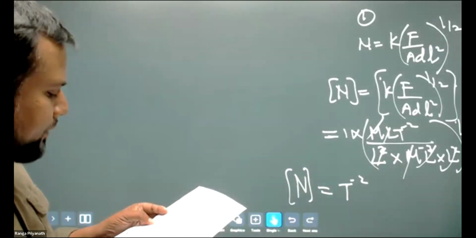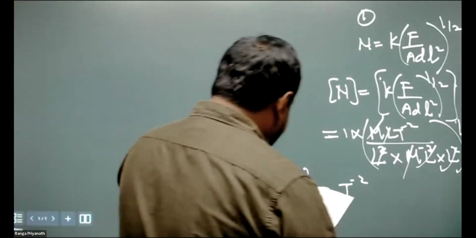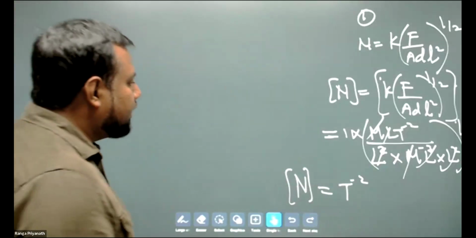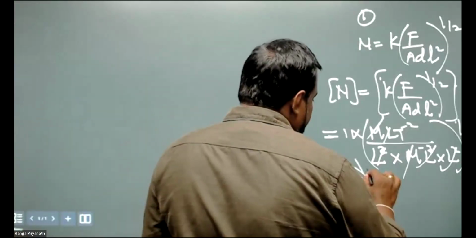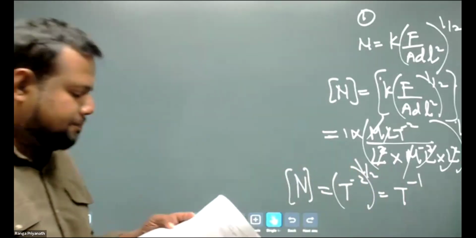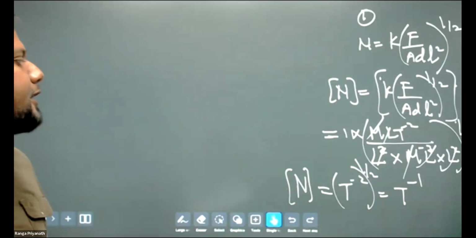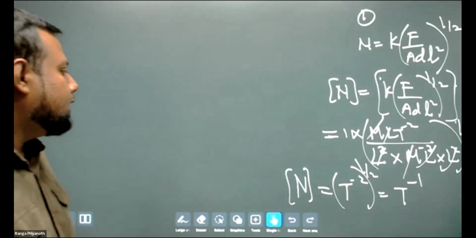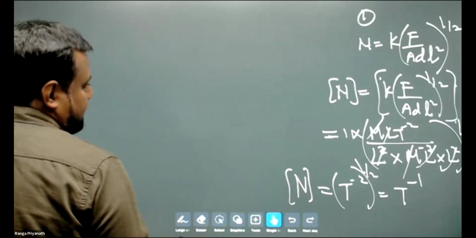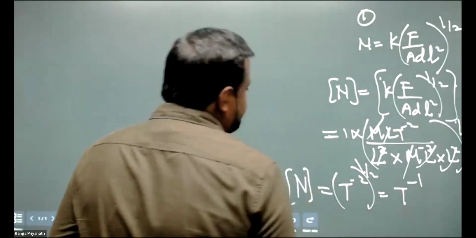We take the root of it, which means T minus 1, times per second. Times per second is the dimension of N. N represents the times per second.